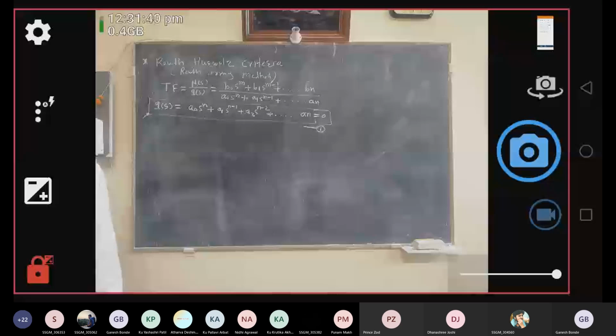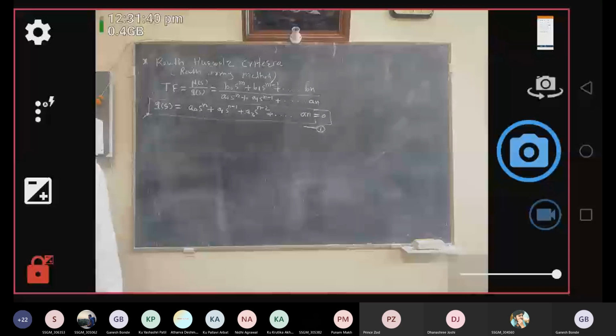Then comes A4, after A4 comes A5, skip A5. Next one is A6 and so on. So in this way you can find the alternate coefficients. These are the elements in the first row of your Routh array. So we are simply using alternate coefficients here.